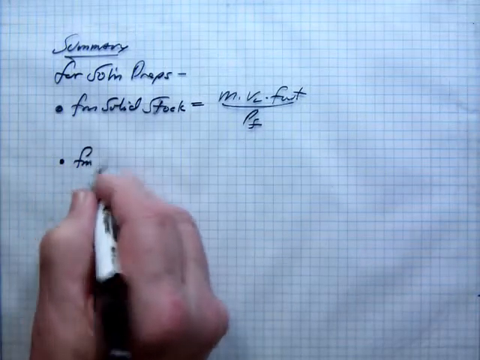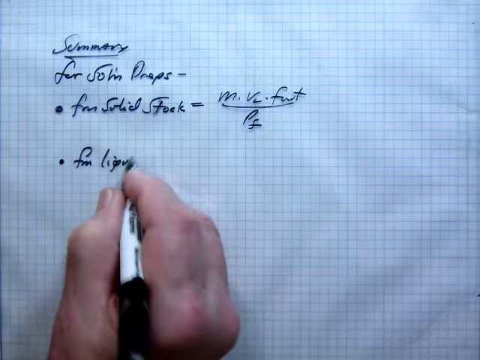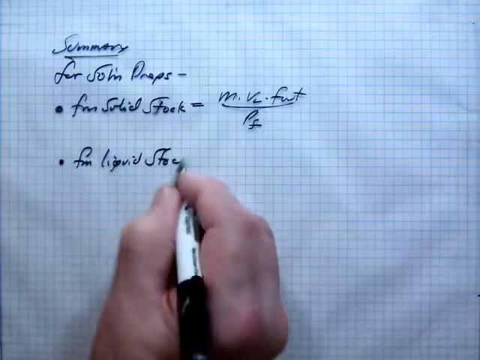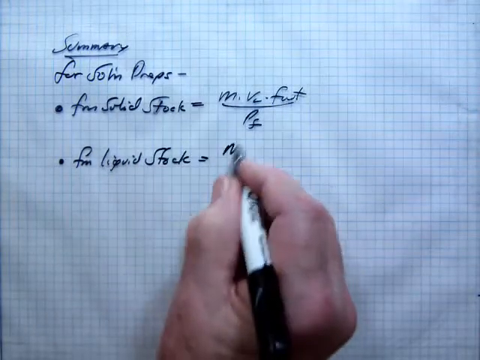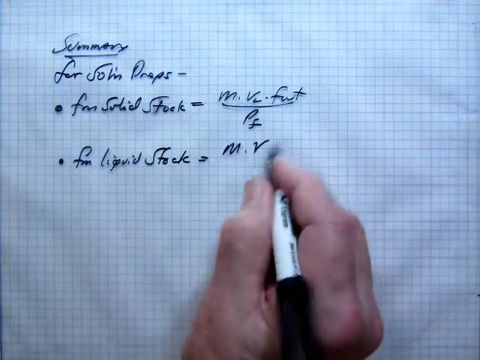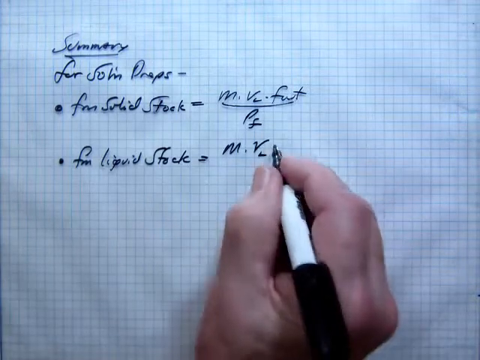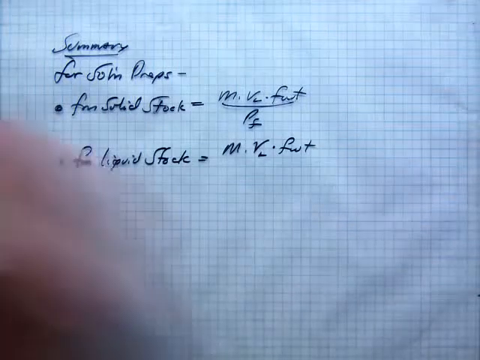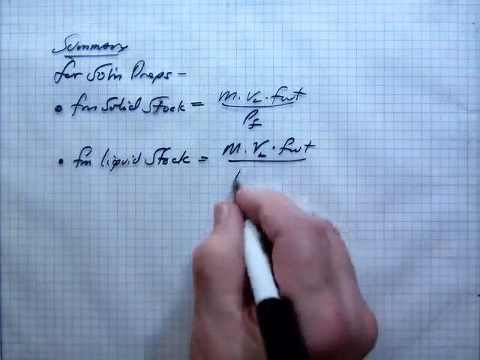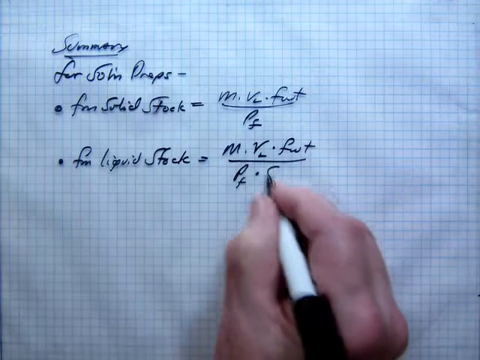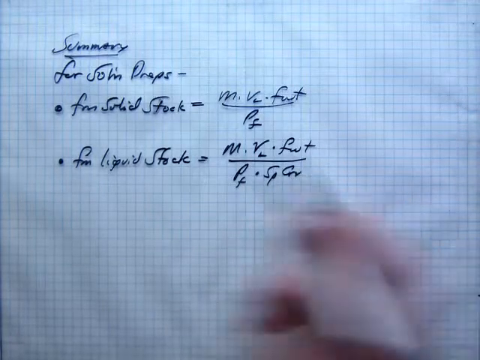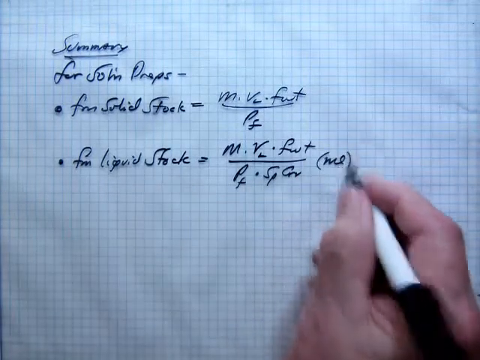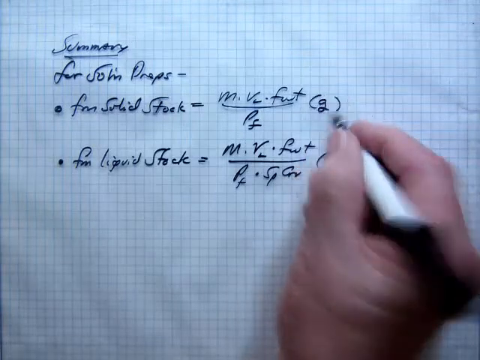From liquid manufactured stock, it is molarity needed times volume needed times formula weight of the solute divided by purity factor and specific gravity. And this will come out in milliliters. This one will come out in grams.